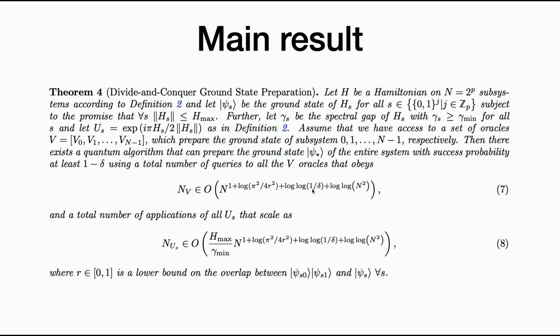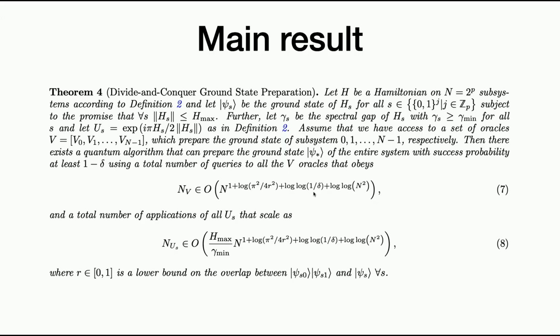And then there are also some factors. Delta is a success probability, and then we also have a log n factor, which also comes about from the success probability, because as you go up the tree, you need to make sure that you project onto the correct ground states with high enough success probability, and that scales like log n.